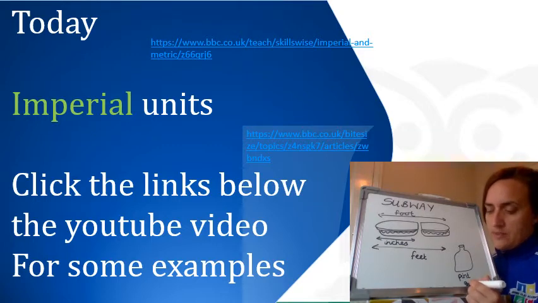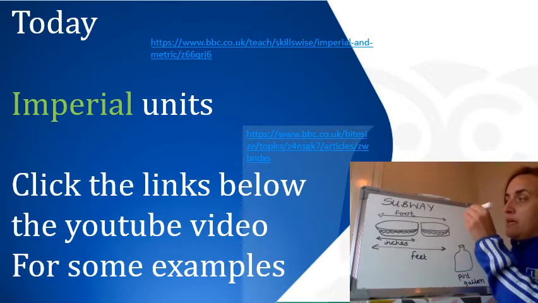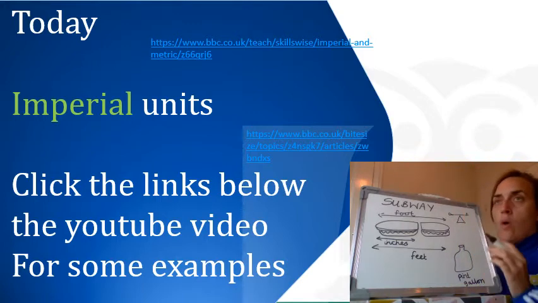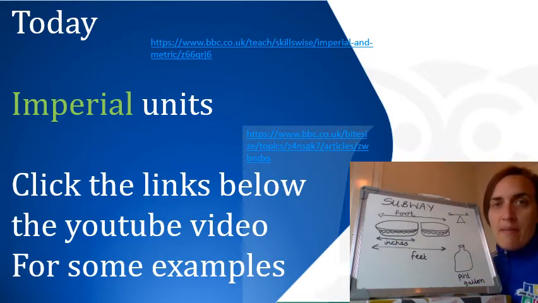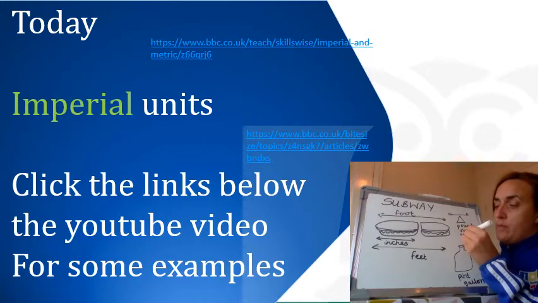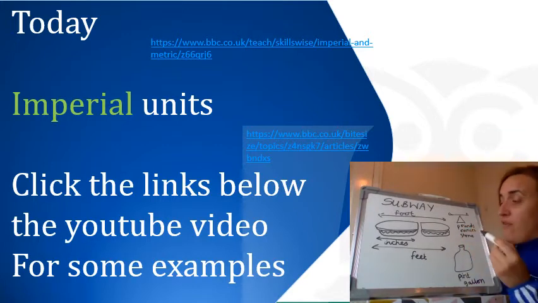We also may use the word gallon to refer to capacity. And also in terms of weight, so how heavy something is, rather than kilograms and grams, we would be looking at pounds, ounces and stone. So you may have heard of some of these words before.